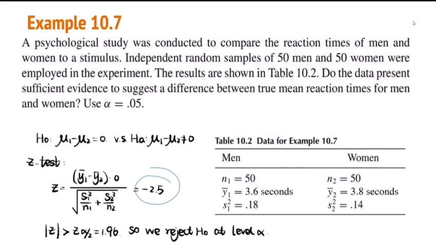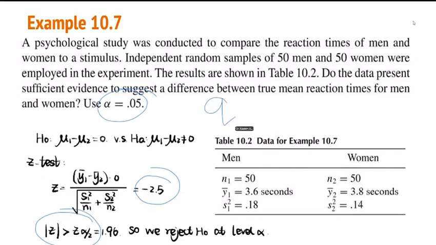Because we're dealing with a two-sided test, if you want to go by the rejection region, we reject if the absolute value of z is greater than z alpha over 2. When you check z alpha over 2 from the statistical table, where alpha equals 0.05, you get 1.96.